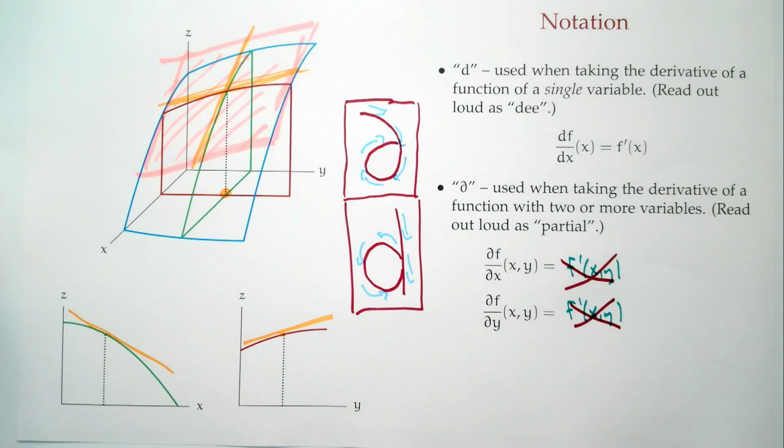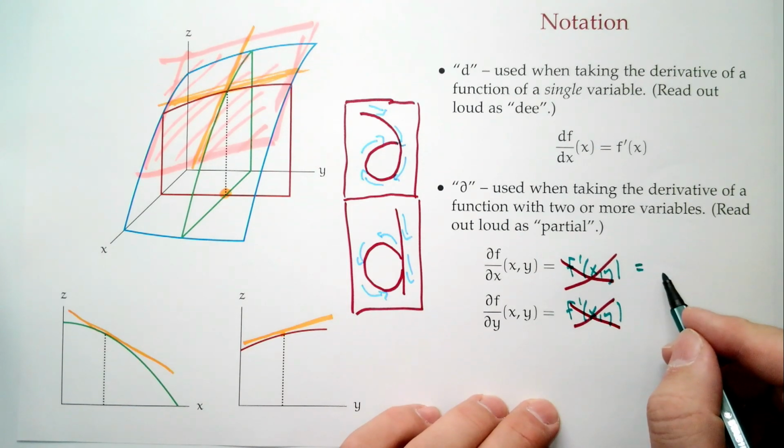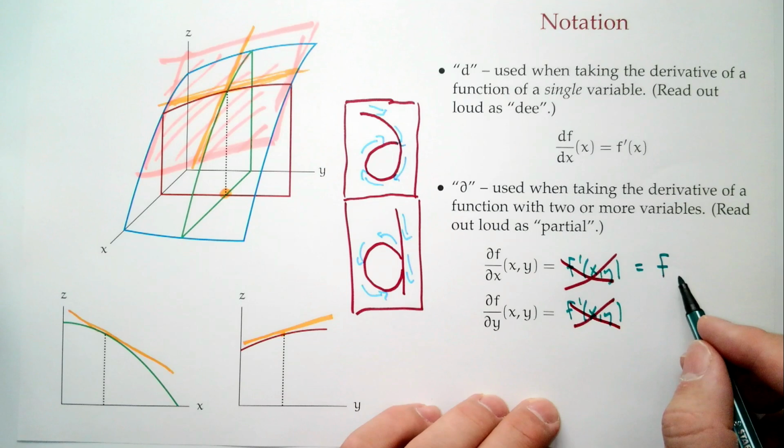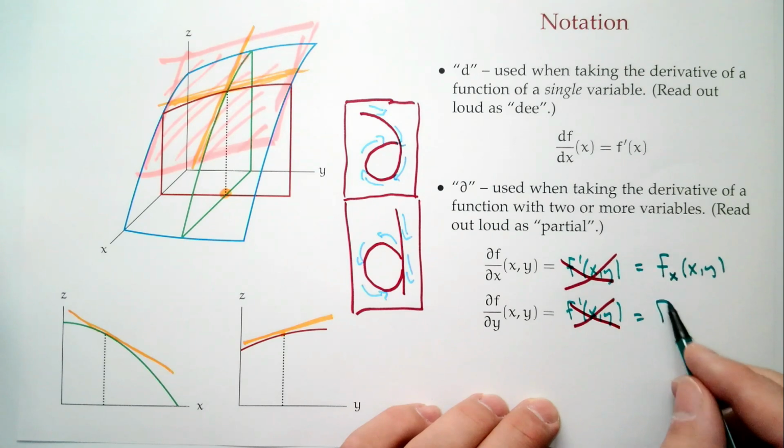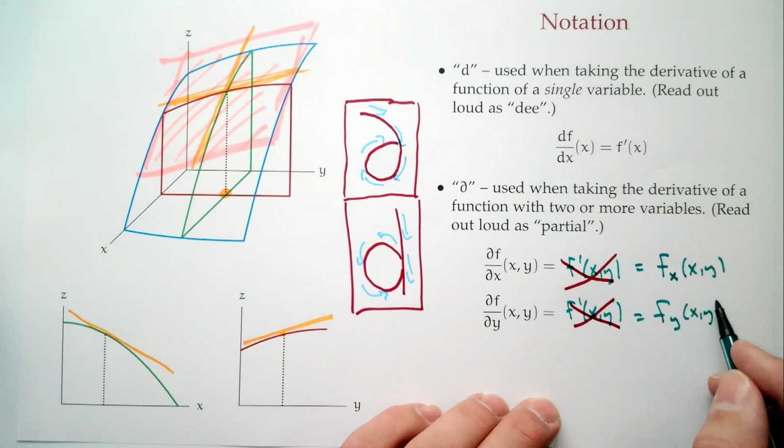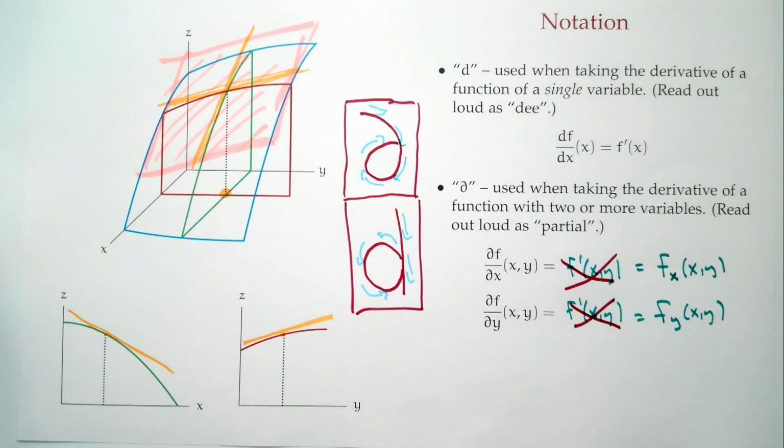So the notation we use now, we have to have something which includes information about what derivative we just took. So here, we're going to indicate the kind. The way we do it is we change the subscript. So f sub x of x comma y and f sub y of x comma y. When you see an f sub x, that means we took a derivative with respect to x. And if you see an f sub y, that means we took the derivative with respect to y.